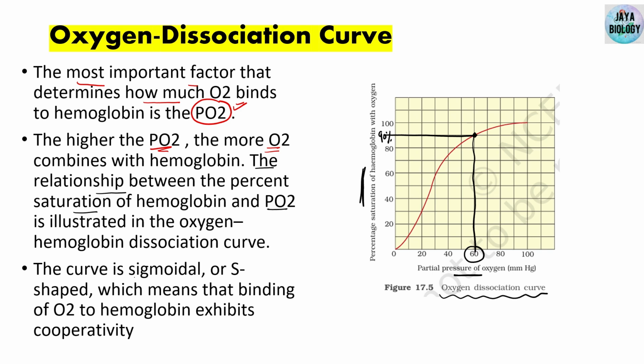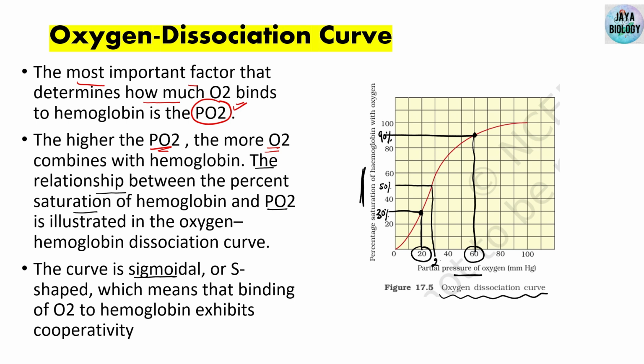So we say this curve is sigmoid. Why do we say sigmoid? Because if you see here, when the partial pressure is 20, check carefully, the saturation is hardly about 30%, and it is 50% saturated at a partial pressure that you can calculate, which will come around 28.